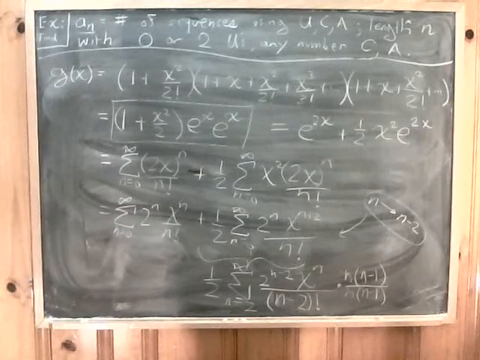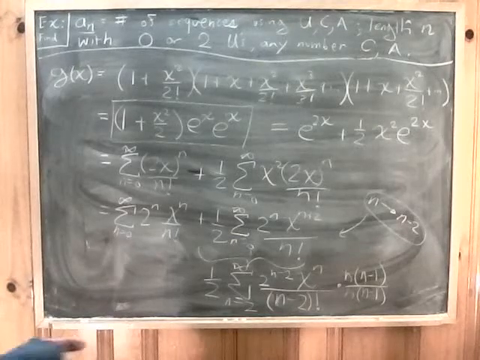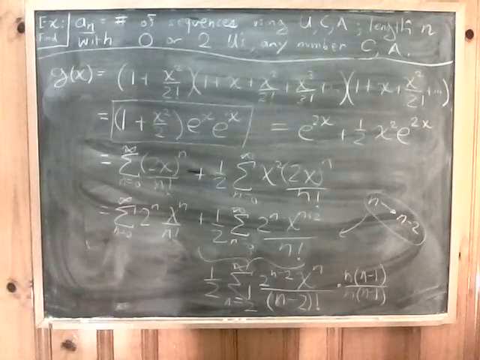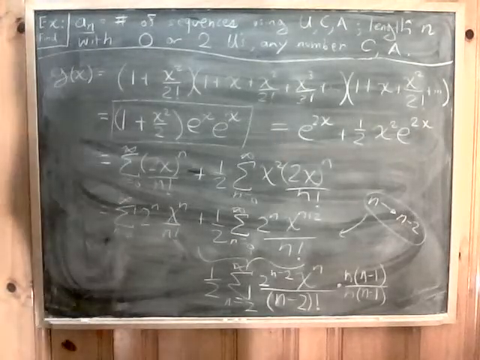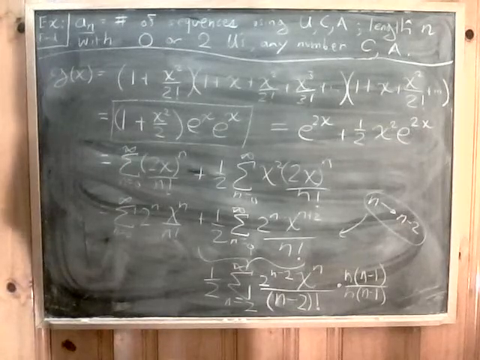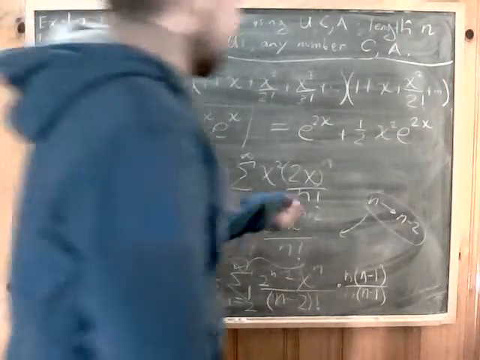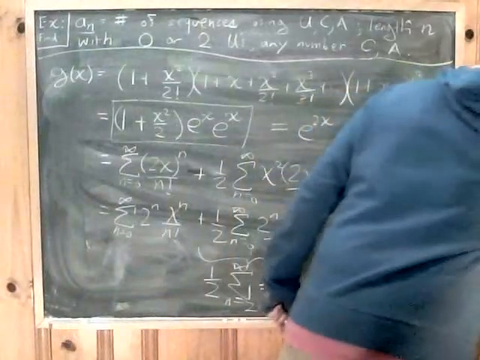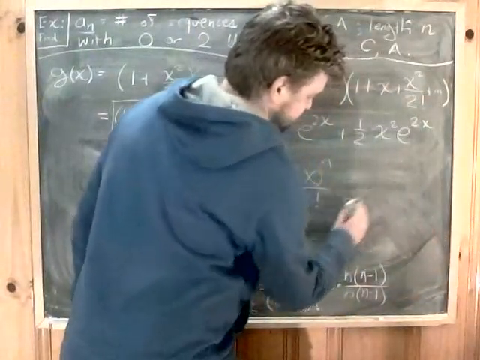Let's see. Of course, the final answer is on the paper, but just in case, I want to put it on the board too. I think I can erase this piece here and finish the problem.